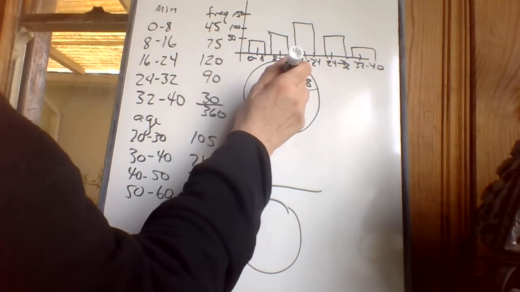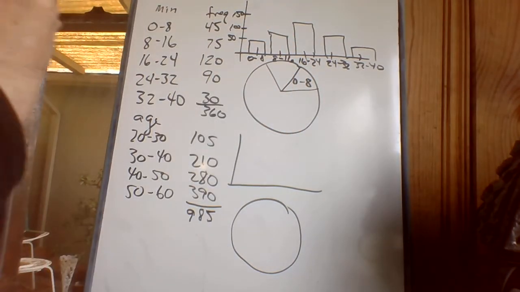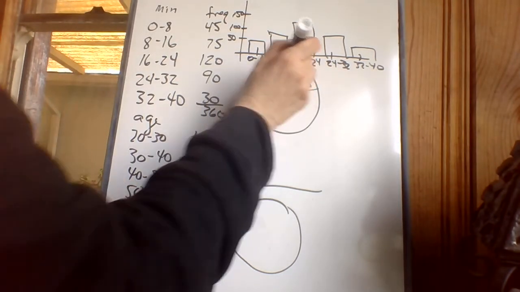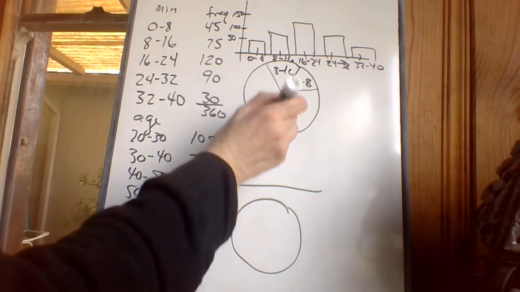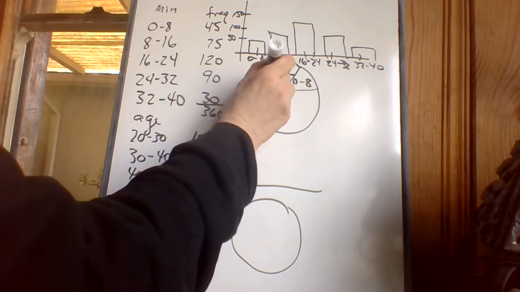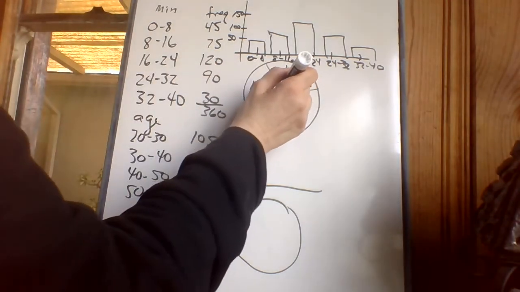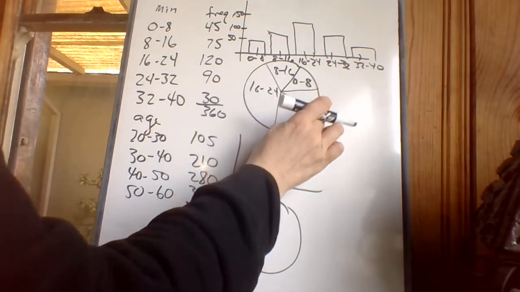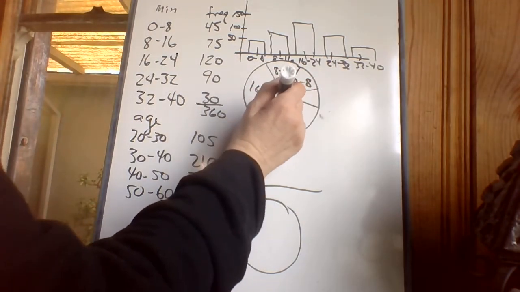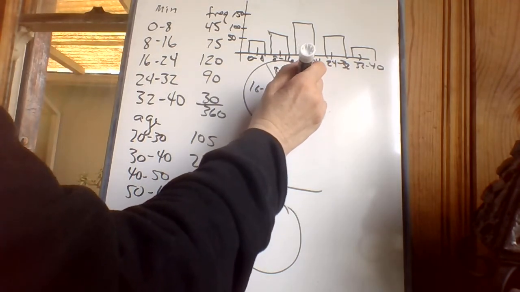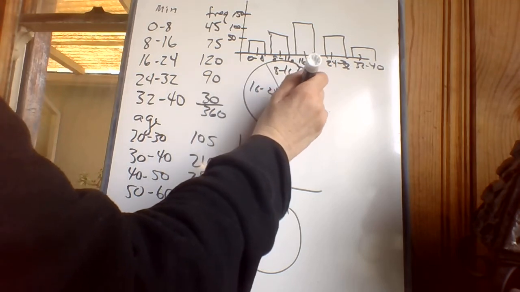It's somewhat less than a right angle. 120 divided by 360 is like a third. And then something like this. And then this last one.